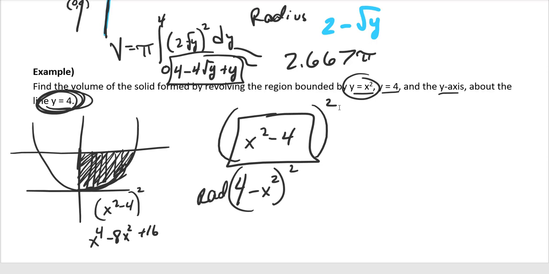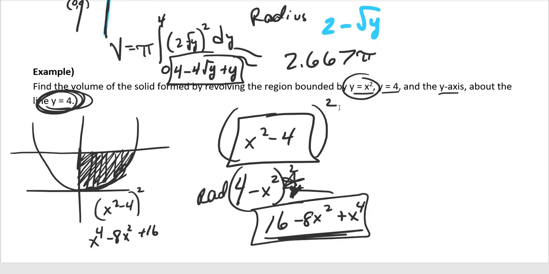Well, guess what? Even if you did it the correct way, which is over here, you're still going to get 16 minus 8x squared plus x to the 4. You're going to get the same thing. So regardless, because you're squaring it, it is okay to do it the backwards way. Now, is it the proper mathematical way? No. But if you get in a jam and you forget kind of how to do it, that is okay.